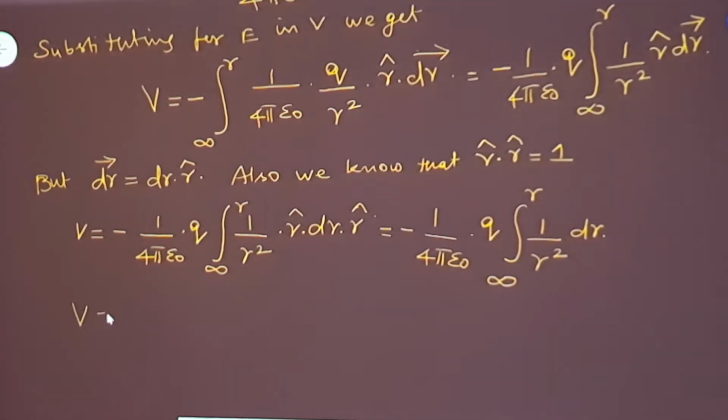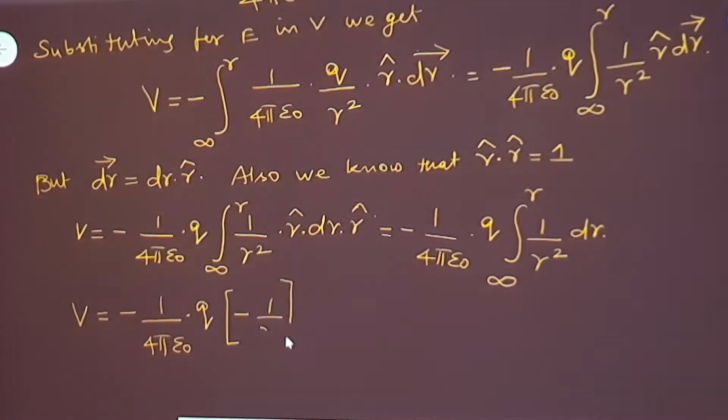So you integrate it, V is equal to minus 1 divided by 4 pi epsilon 0 into q. When I am integrating this 1 by r square, I will be getting minus 1 by r, and after getting minus 1 by r, you substitute the limits, that is from infinity to r.